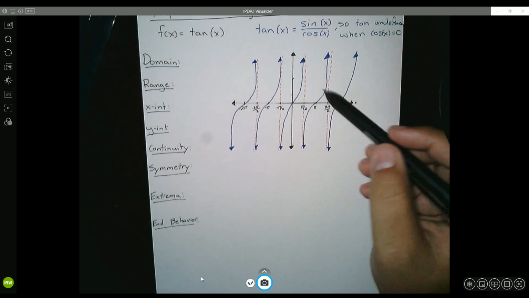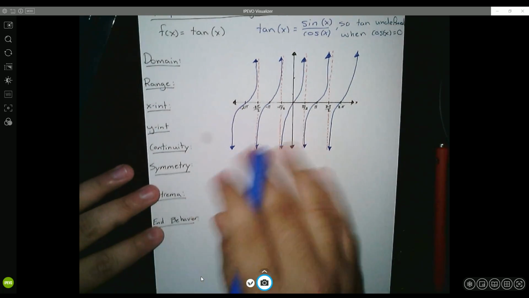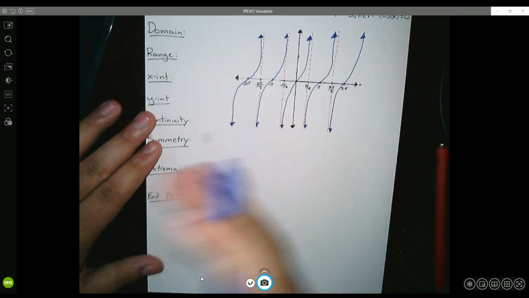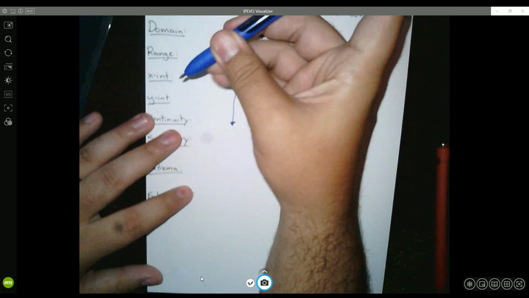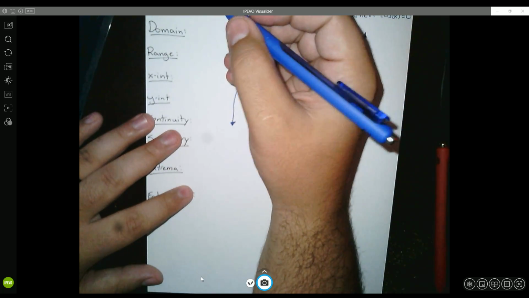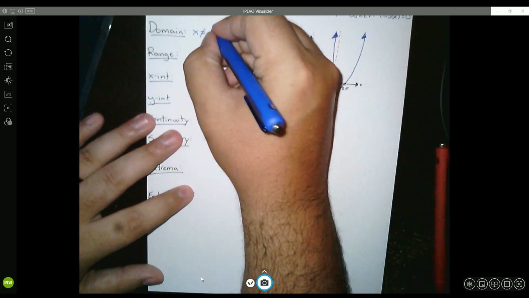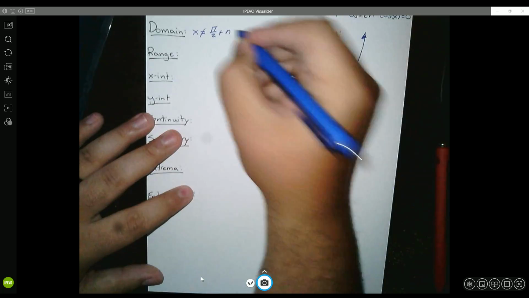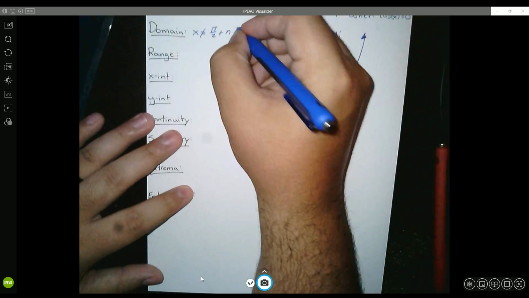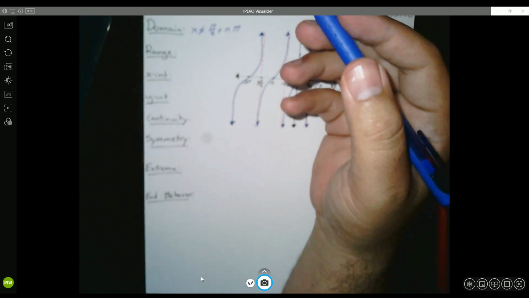We can define certain characteristics. The first thing we're going to talk about is our domain. The domain, remember, is all possible x values. For this one, x is everything except these: x cannot equal pi over 2 plus n pi, where n can be any whole number.